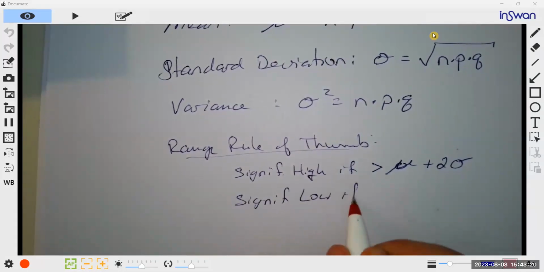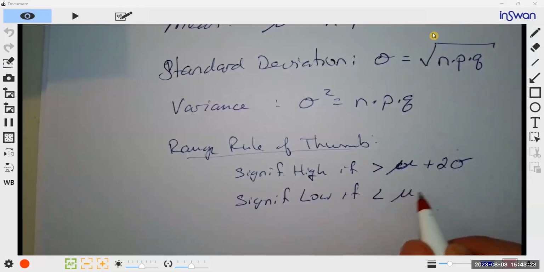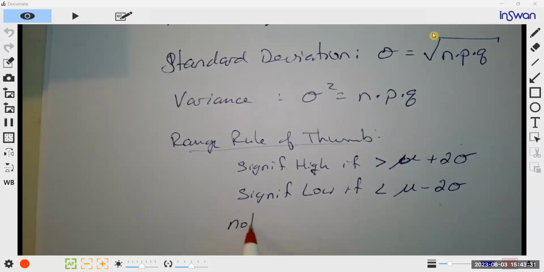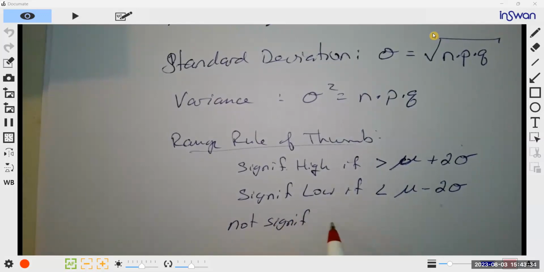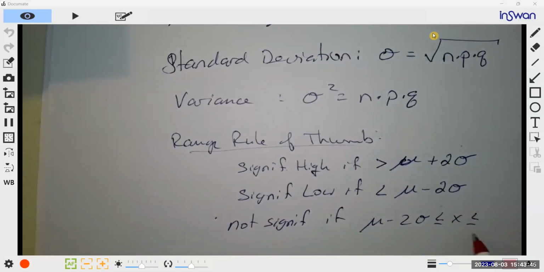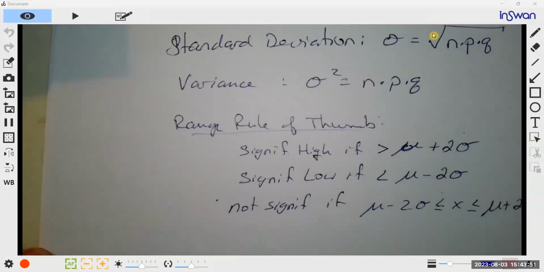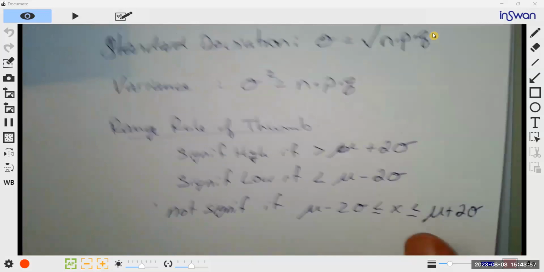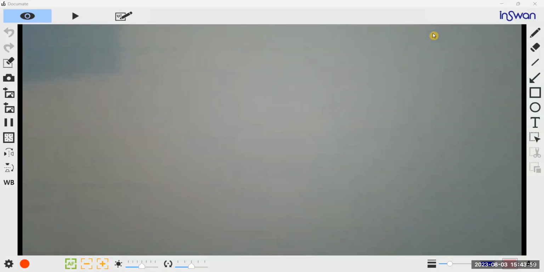Significantly low if less than the mean minus 2 standard deviations. And not significant if between those. Again, that's what we've been talking about all along. So let's get an example here.